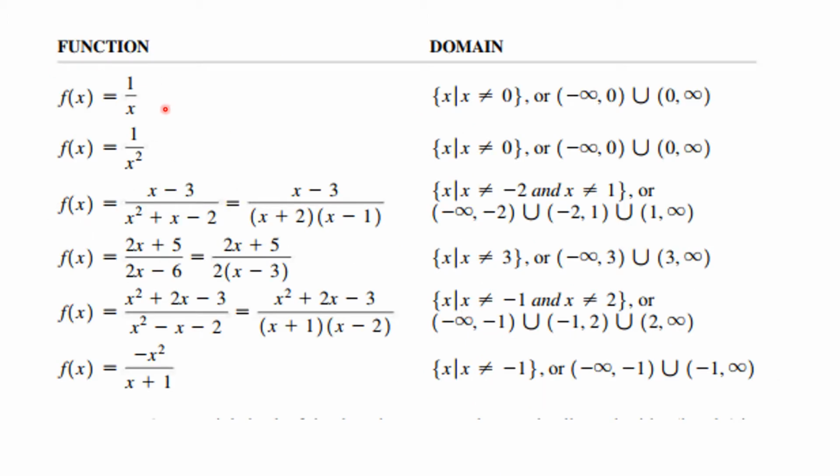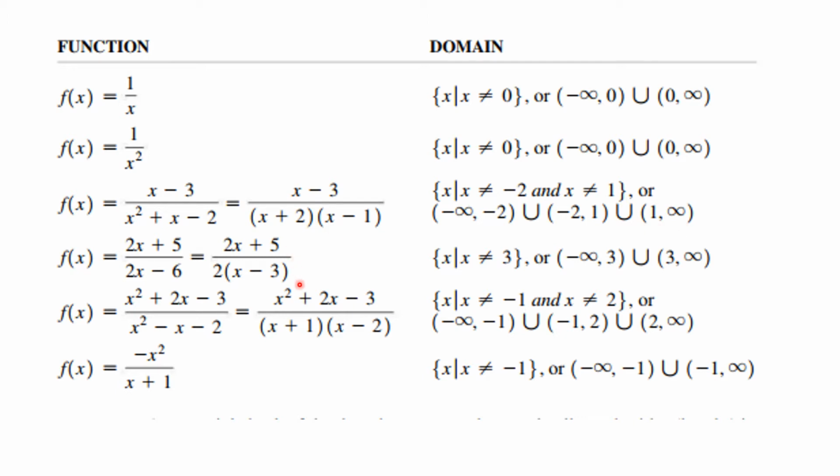For the first one, x can't be 0, so the answer is all real numbers skipping 0, and that's how you do it in interval language. This one is also x not equal 0, so it has the same domain. This one, when we factor the denominator, we find out x can't be minus 2 and x can't be 1, so we skip those, writing in interval notation, and this is what we should write.